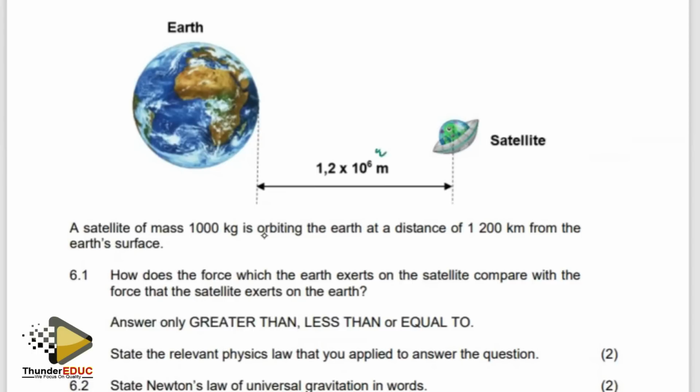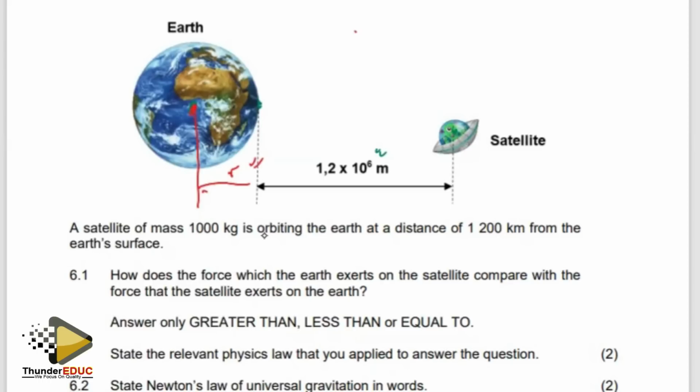Remember, this is the surface. This is the center of the satellite. Those are two different things. Which means with our calculations, the need might arise for us to add the radius to get the distance of separation at some point. So let's keep that in mind.